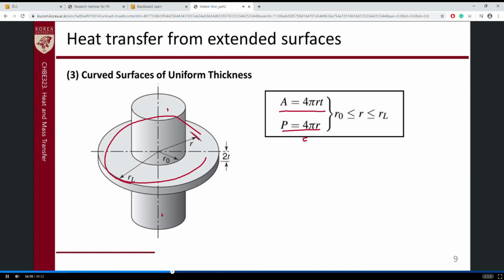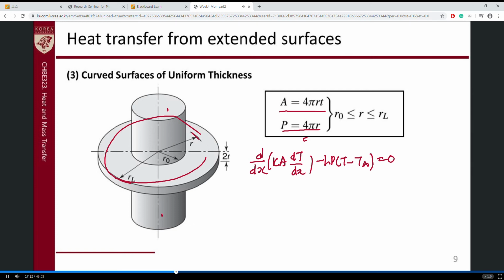So we derive the overall equations as we discussed in the previous slide. The d/dx of k A dT/dx minus hP (T minus T infinity) is 0, right?